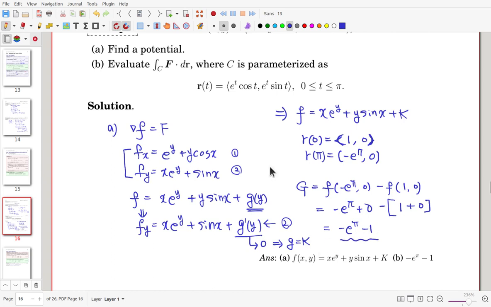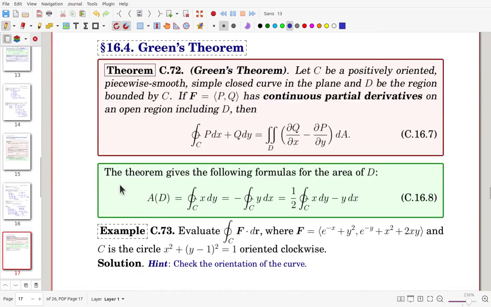Now we'll go to Green's theorem. Okay. Now, if we consider a positively oriented curve that is a simple closed curve, then D is the region bounded by the curve, so inside.